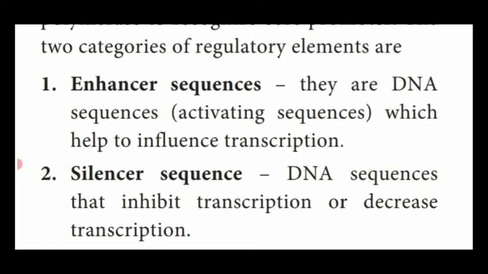They are ready to activate the transcriptional process. Another one, silencer sequences, are also DNA sequences, which stop or inhibit the transcription or decrease the rate of transcription. So these are the two categories of regulatory elements.